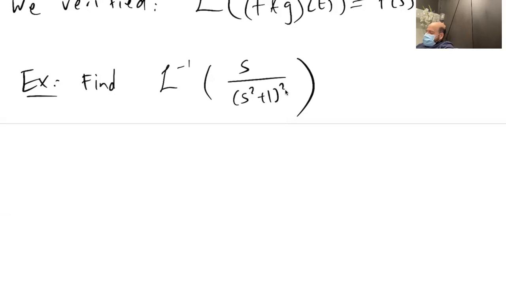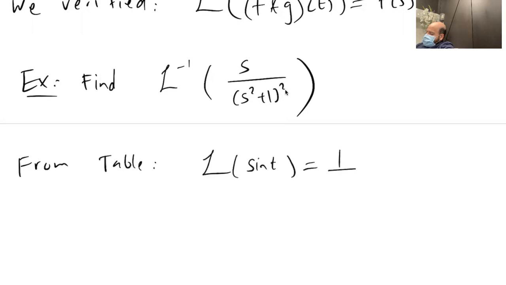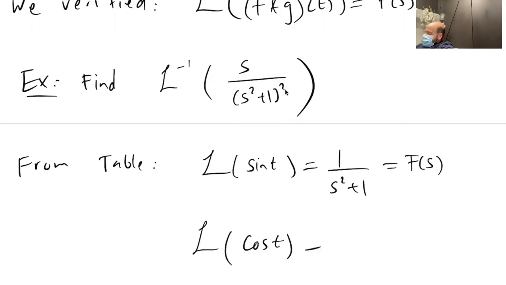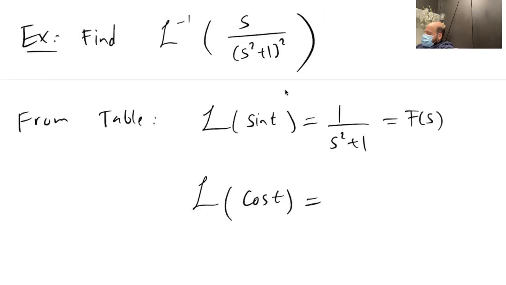So let's look at the functions we have in the table. From the table, we know that the Laplace transform of sine t is 1 over s squared plus 1. Let's call this one capital F of s. And I also know that the Laplace transform of cos t is equal to s over s squared plus 1.